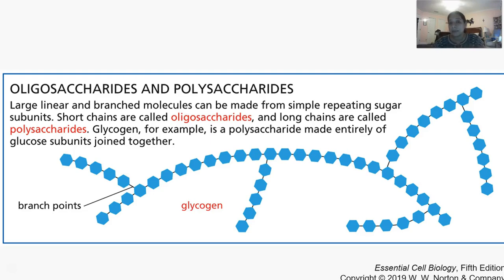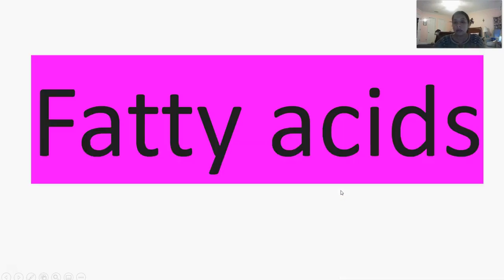Glycogen is a common example of such polysaccharides that's entirely made of glucose molecules, and it's a great storage molecule for cells. So here is an example of glycogen. These are all glucose molecules that are stuck together in different ways to create branched structures or long linear chains. And that's an example of a storage molecule, not structural support, but it provides some structure as well.